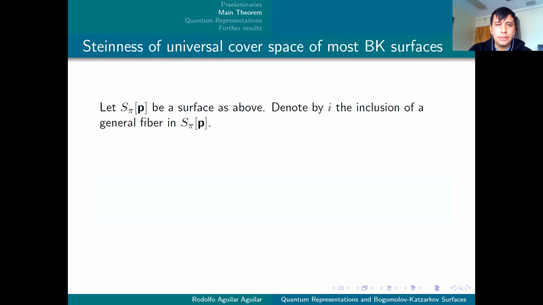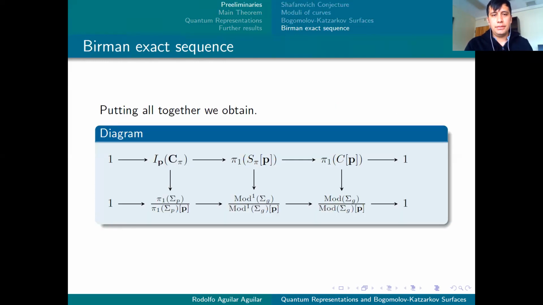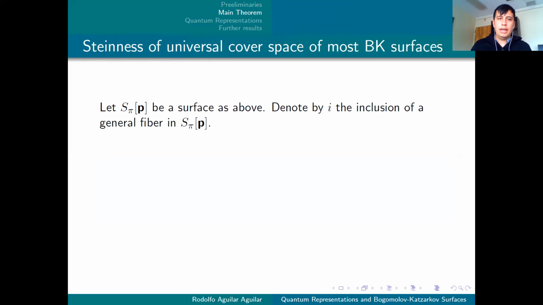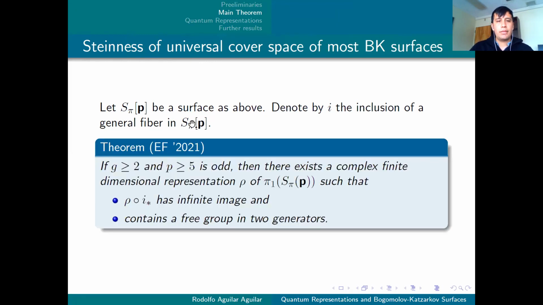Okay, so let me now pass to the second part. This is all the preliminaries, kind of a long story. And now let me tell you one of the main theorems in the Eyssidieux-Funar paper. We denote this surface as above by S_P, and we denote by E the inclusion of a general fiber into this surface.